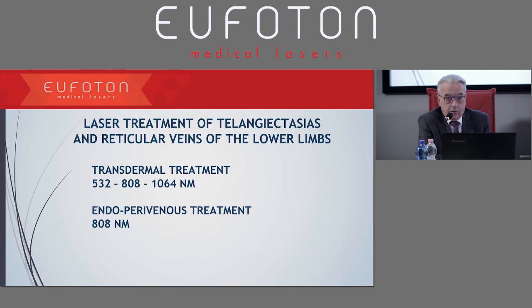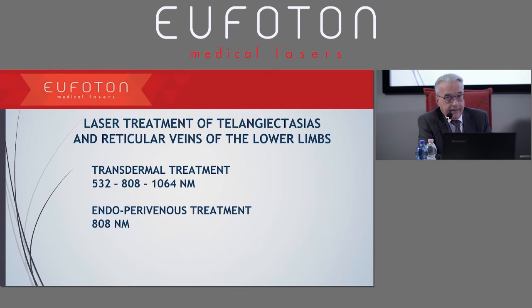So up to now we have seen a transdermal method. I just want to hint at what happened before, because some of you could buy a 532 laser or 808 laser to treat telangiectasias of lower limbs. One thing is treating the face, one thing is red angiomas, and another thing is telangiectasias of lower limbs.